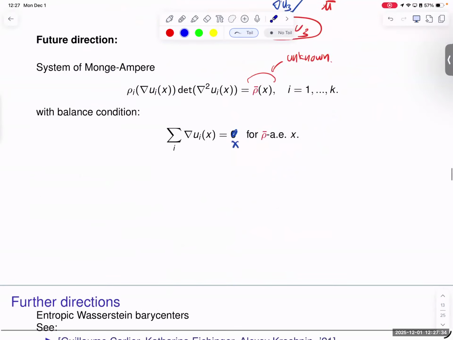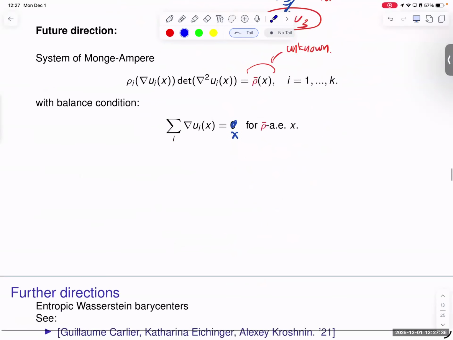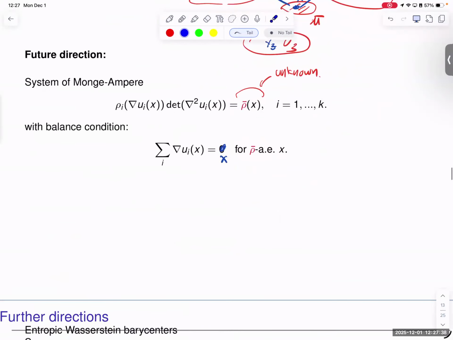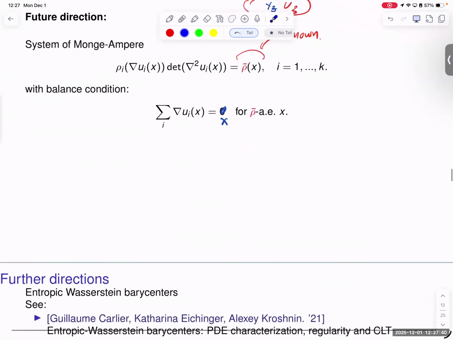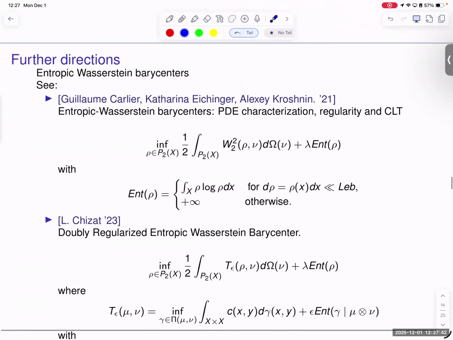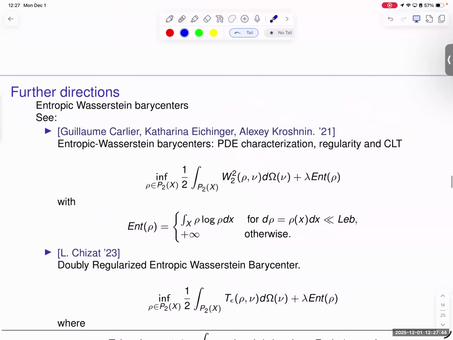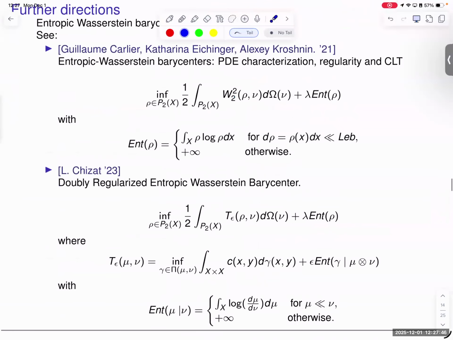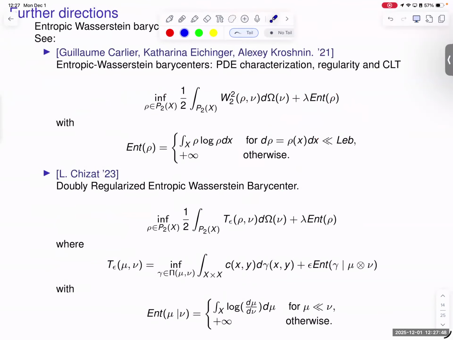Okay, anyways, I'm over time, so let me just take 3 more minutes. Before closing the lecture, I'd like to mention that this Wasserstein barycenter business also has a regularization aspect. You can consider the entropy regularized Wasserstein barycenter.